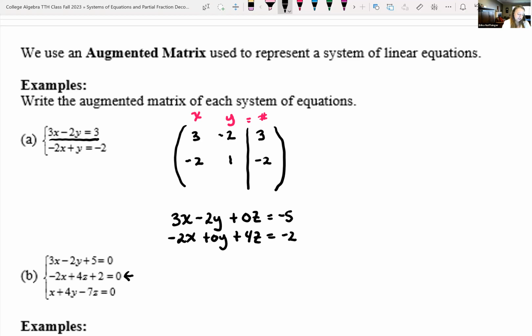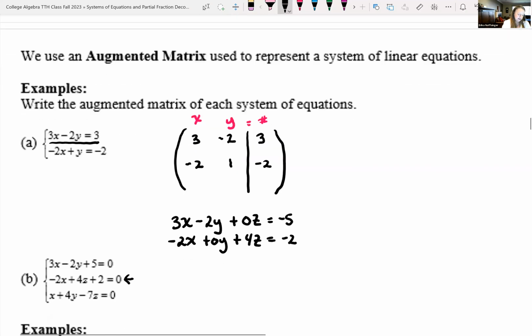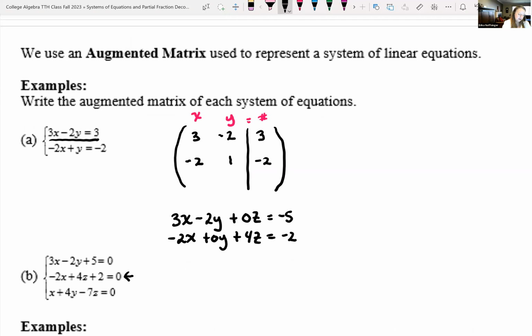And the third equation, that's already how we want it, x plus 4y minus 7z equals 0. So it's in the form that I could write my augmented matrix.